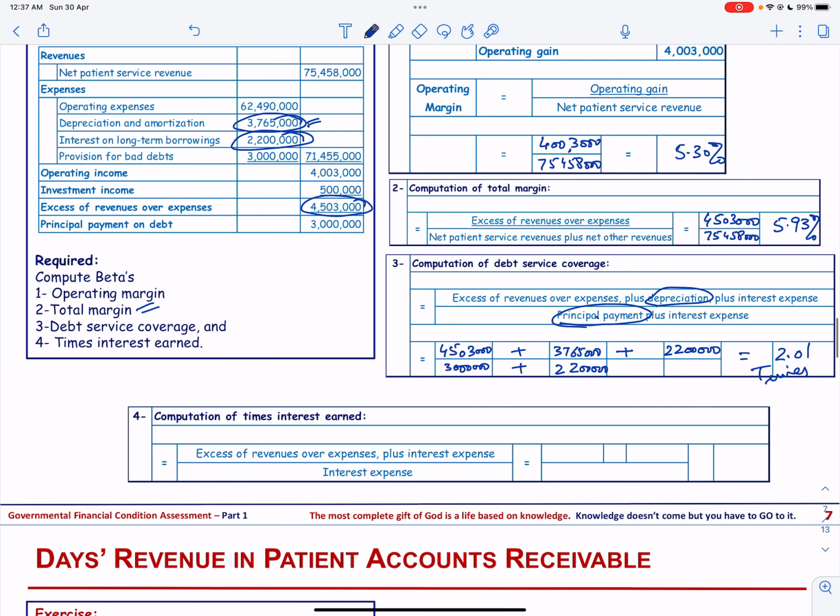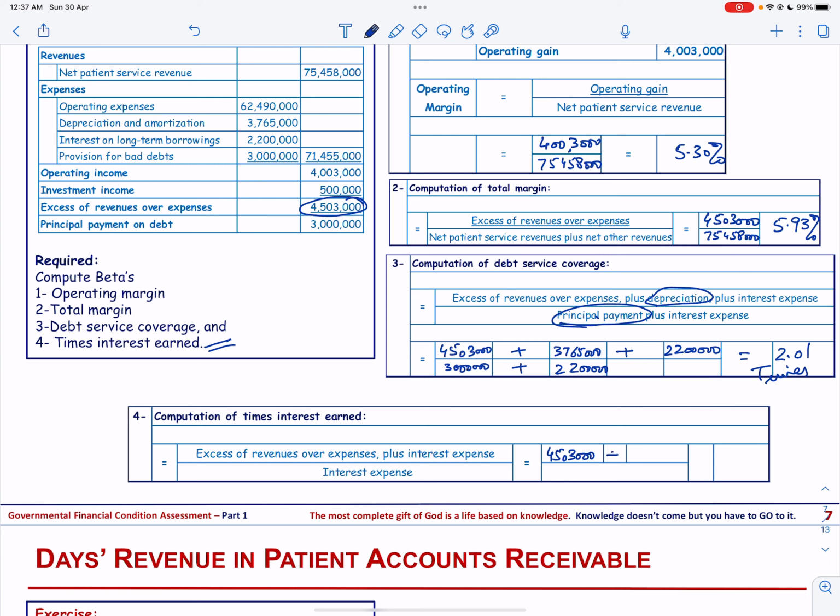So we have done number 3, debt service coverage, and we come to the last part of this question, that is times interest earned. Now times interest earned is the excess of revenue over expenses once again, and that is 4,503,000.